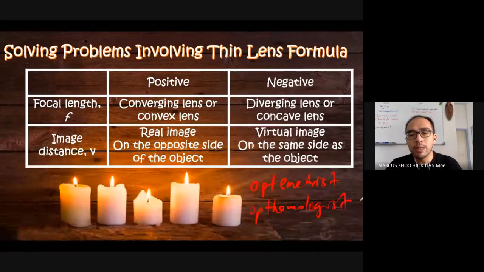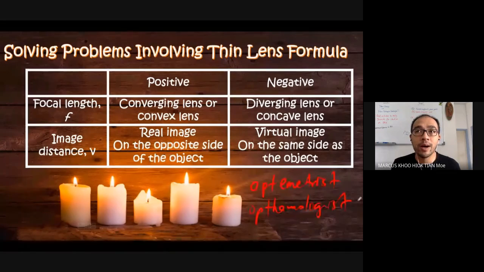People who deal with spectacles, these positive and negative numbers have a meaning to them. They don't just simply say, oh, your lens is positive 25. Then you're like, adakah negative 25? There is a meaning to it. For the optometrist or the person who does the specs, this positive and negative is very important, because if you use the wrong lens, you will make the problem in your eye worse.